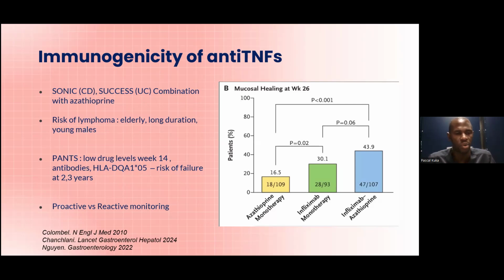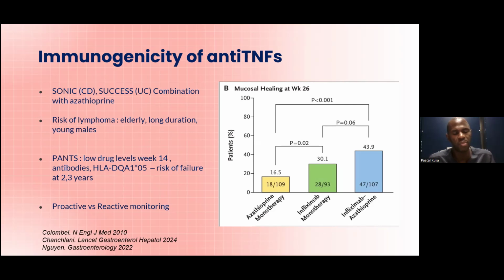The predictors were low drug levels at week 14, presence of antibodies, and this particular HLA-DQA1*05. So this begs into thinking about two different concepts in terms of monitoring: the so-called proactive monitoring, where you monitor your drug levels and presence of antibodies at select intervals, as opposed to reactive monitoring, where you only check the levels when there is a loss of improvement in symptoms, or when you think that the drug is not working.